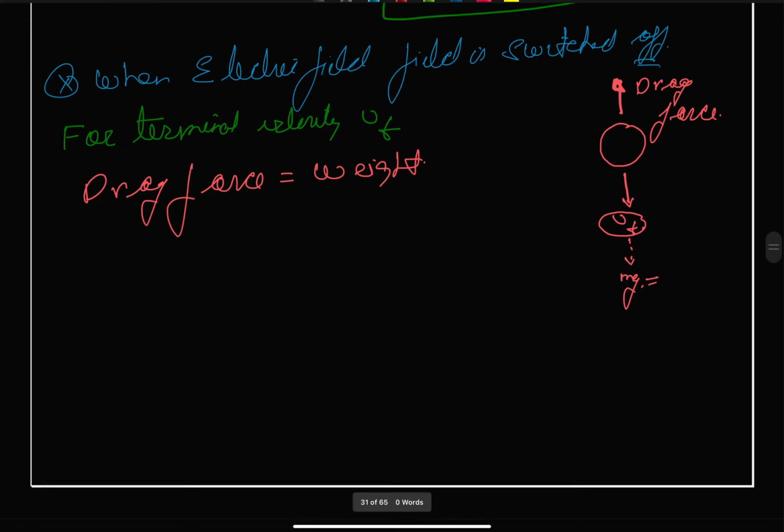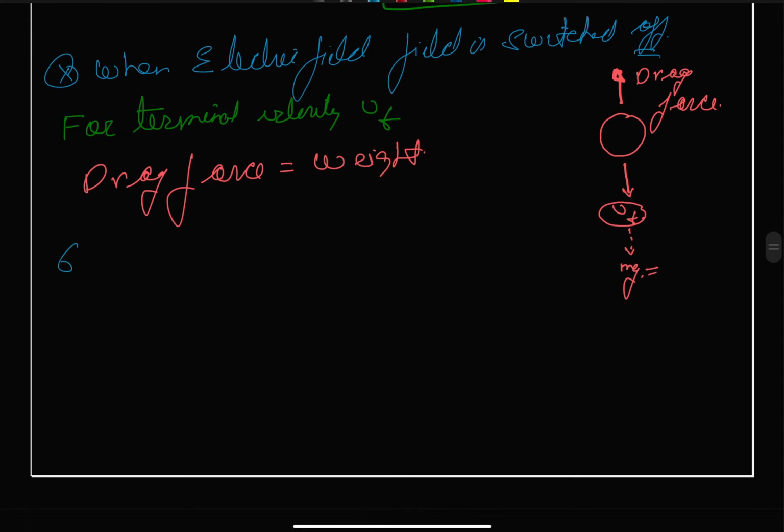And we already know the formula for the drag force, that is 6 pi nu r multiplied by terminal velocity, which is equal to our weight, that is 4 by 3 pi r cube rho g. Here pi and pi cancel, and r cancels to leave r squared.